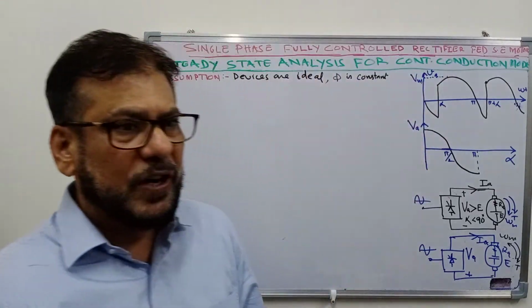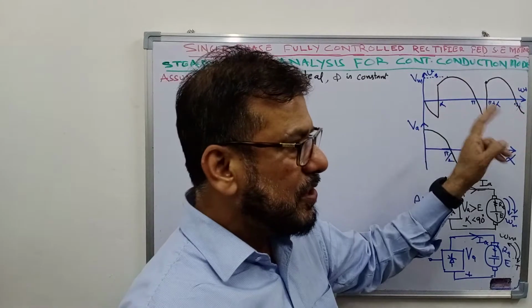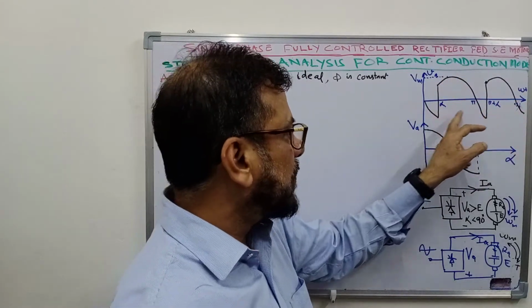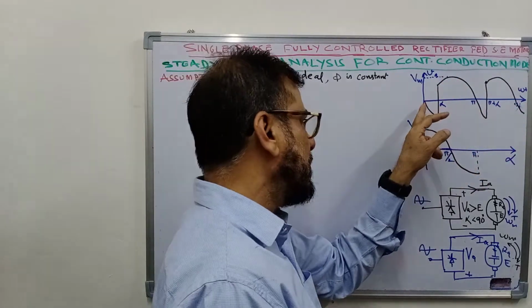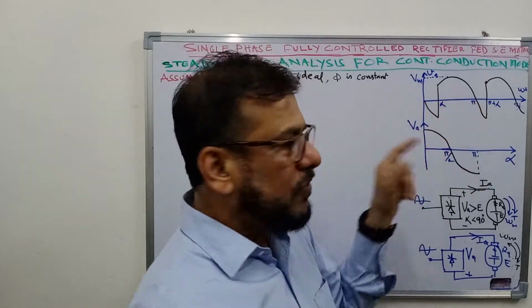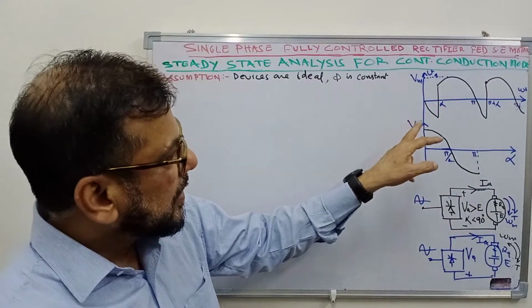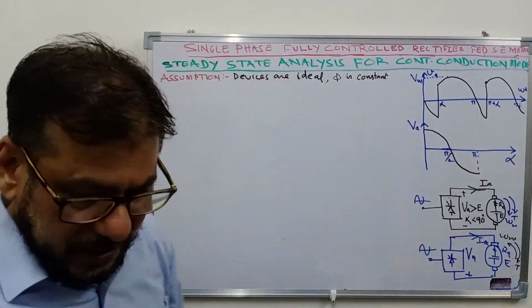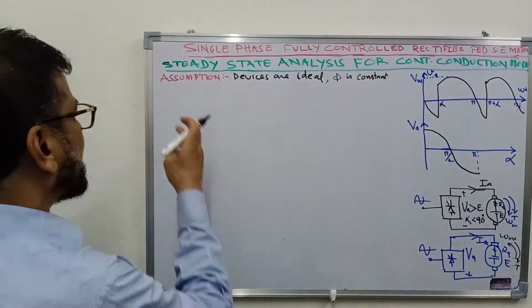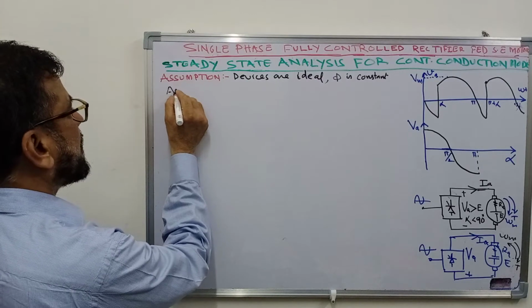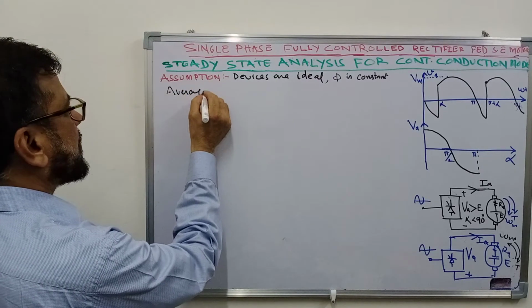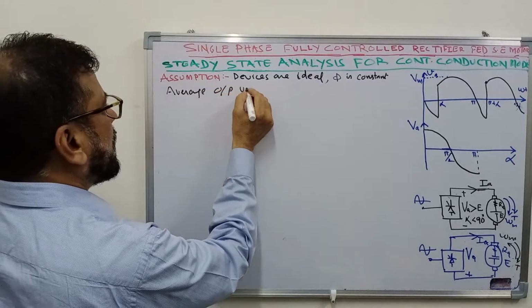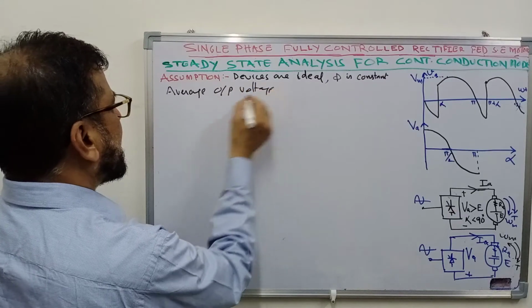If you want to find the average value of this voltage, you have to integrate this voltage from alpha to pi plus alpha, or from 0 to pi. For convenience, I will take the cycle from alpha to pi plus alpha. So, let us try to find out what is the average output voltage.